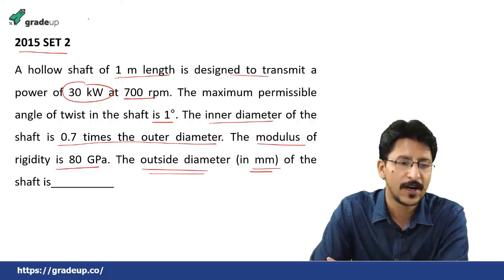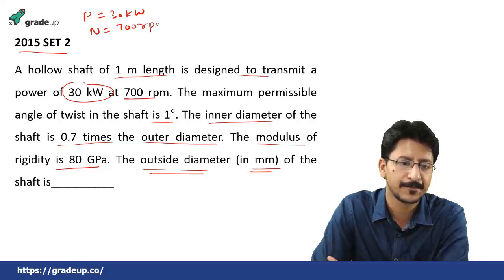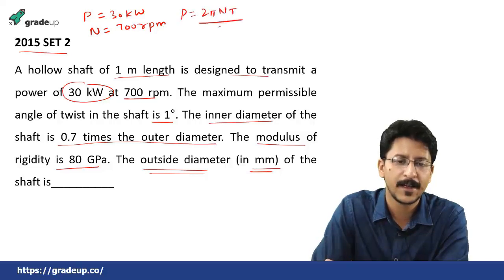Let us see what values have been given. Power is given as 30 kilowatt, and the rpm has been given as 700 rpm. We know first of all that P is equal to 2 pi NT by 60.